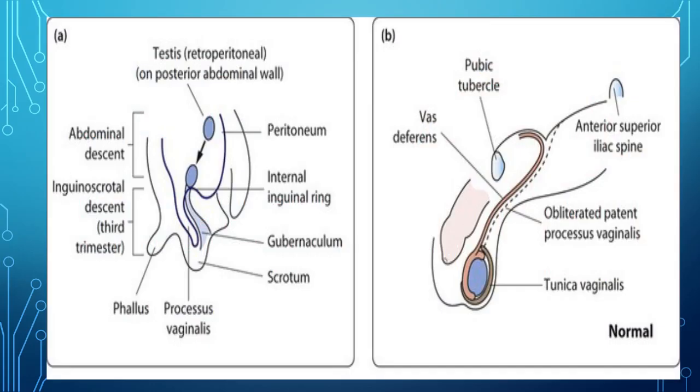Diagram A shows how the testicle passes from the retroperitoneum through the abdominal wall into the inguinal region, bringing a diverticulum of parietal peritoneum, the processus vaginalis, with it. Diagram B shows the processus vaginalis, which is obliterated. This occurs after the testicle has descended into the scrotum before birth or in early infancy. This is the normal process.